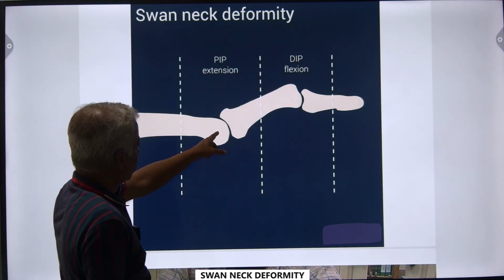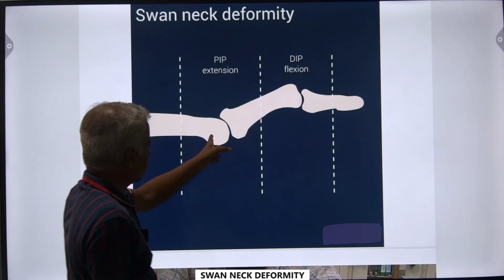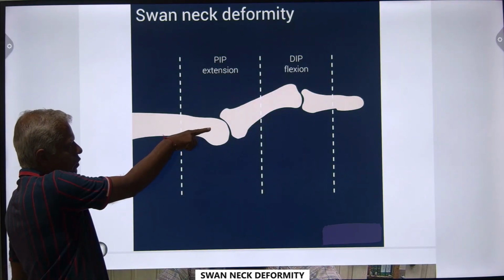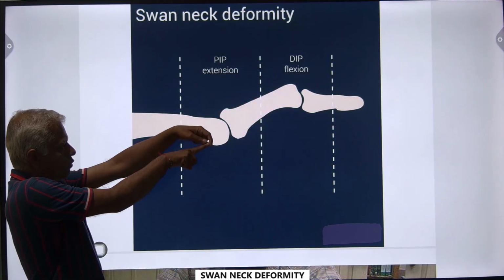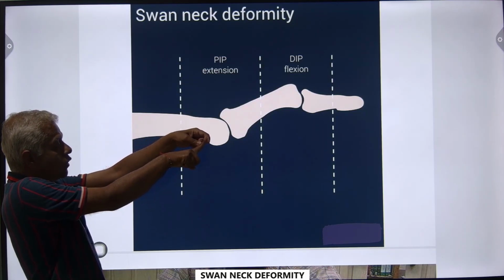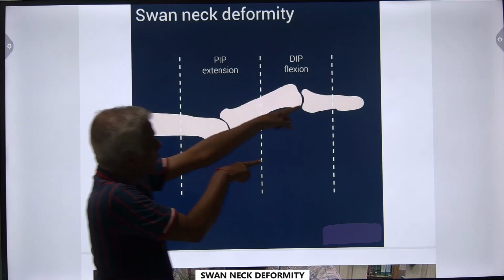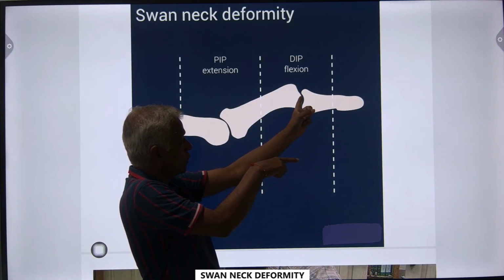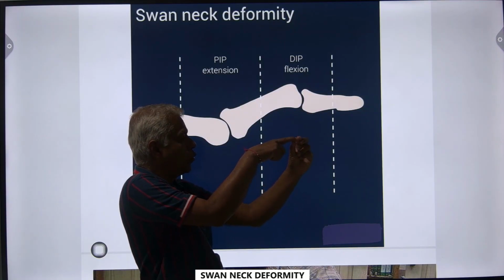Here the proximal interphalangeal joint is showing hyperextension, that is, bending backward, whereas the distal interphalangeal joint is showing a flexion.